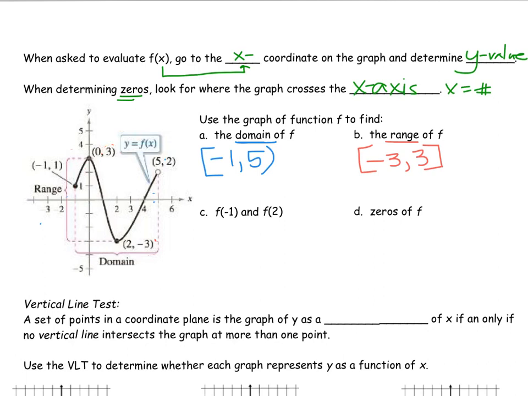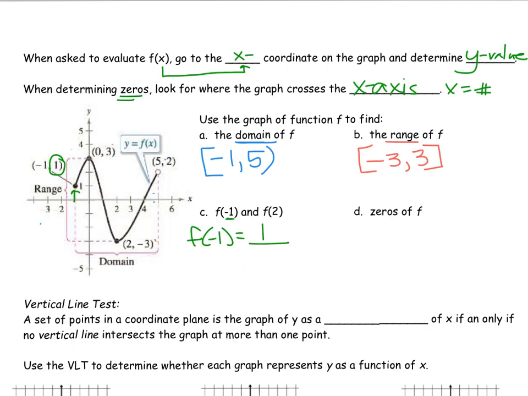There we go, start with a clean slate here. Find f of -1. If we look at the definition, that means I'm going to go to -1 on the x-axis and determine where my output is. So I'll write f of -1 equals. If I go to -1 and find where the graph is, I have an output of +1. And that's literally the answer. It's that easy.